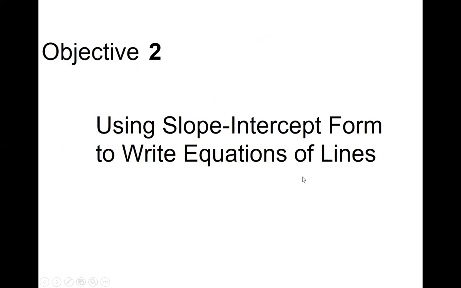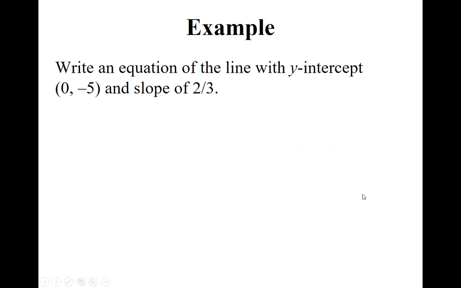Objective 2 in this topic: using slope-intercept form to write equations of lines. Let's write an equation of the line with y-intercept 0, -5, and slope of 2/3. Well, all we know is y equals mx plus b.